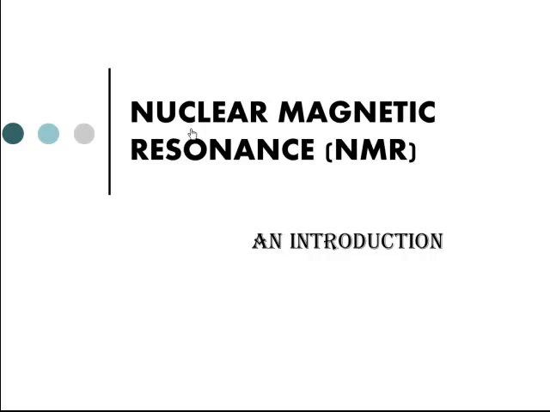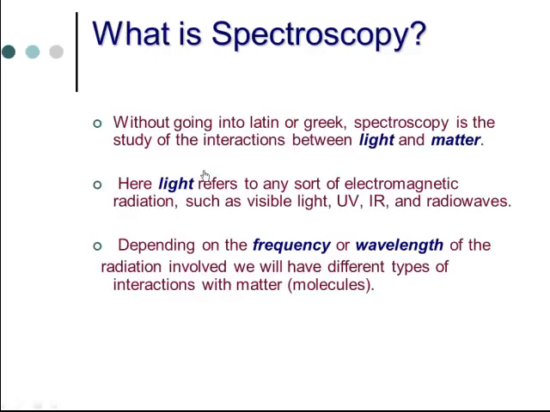Now I'm sure all the undergraduate students in chemistry know that nuclear magnetic resonance is a spectroscopic technique. Now first of all, what is spectroscopy? Spectroscopy, I'm sure all of you know, is the study of interaction between light and matter, so between electromagnetic radiations and matter.